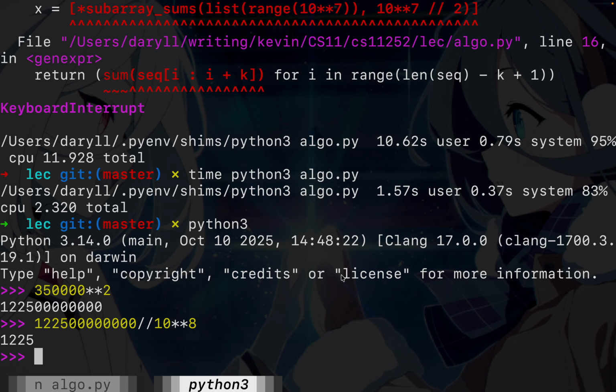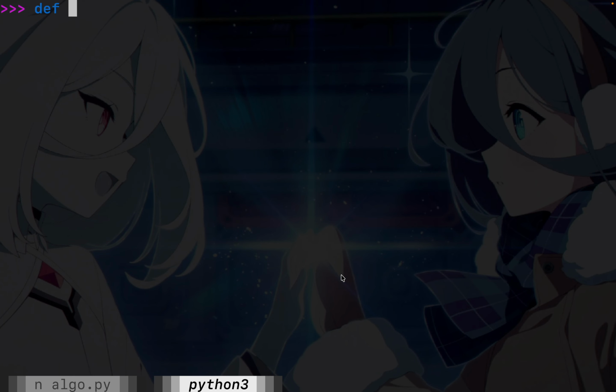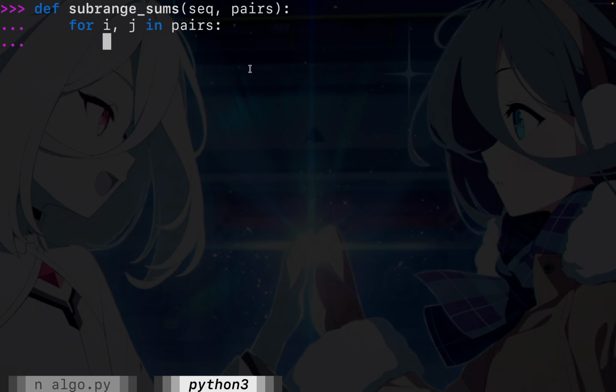Okay, so one very quick way to do that is, let's have sub range sums. You have a sequence and you have some pairs. So what you can do here is, for i and j in pairs, since you want the subarray sum from i until before j, you just yield the sum of sequence from i until j.